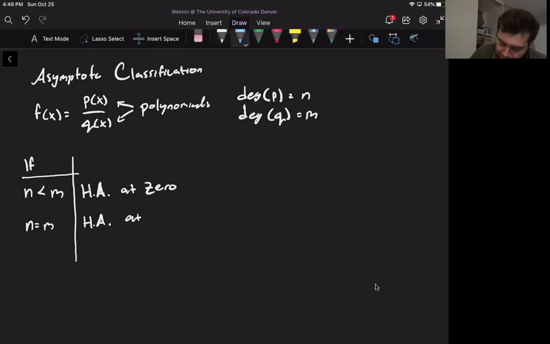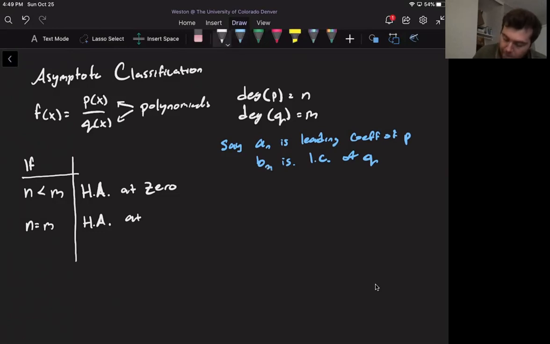We'll say a_n is the leading coefficient of p, b_m is the leading coefficient of q, then we get a horizontal asymptote at a_n over b_m. So when the degrees are the same, all we have to do is look at the leading coefficients and we can figure out exactly where the horizontal asymptote is.